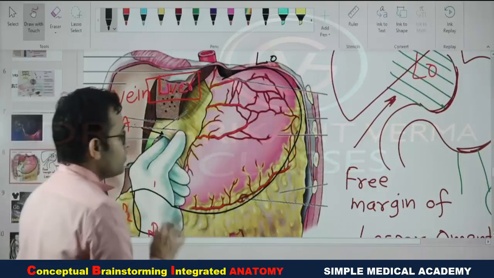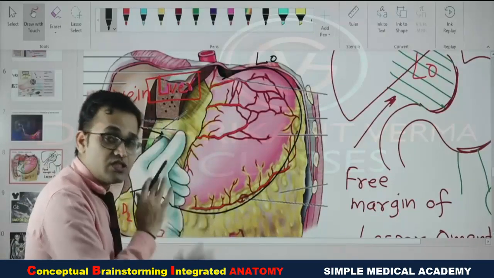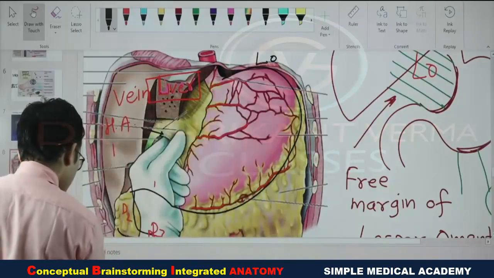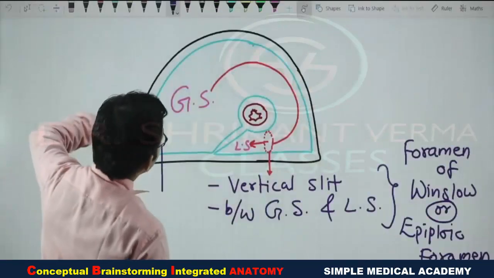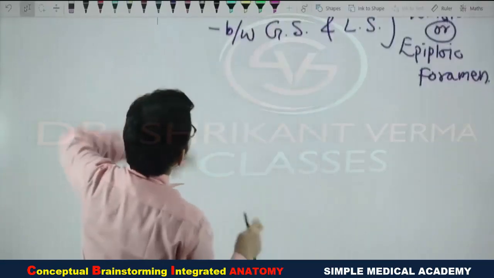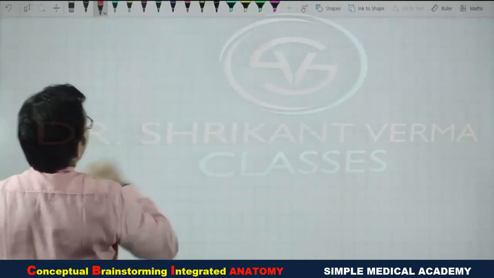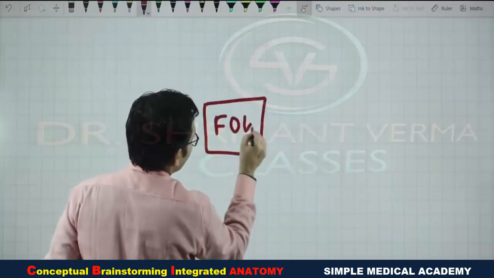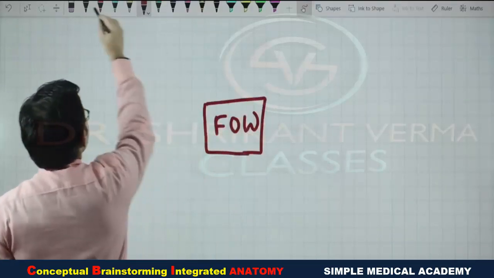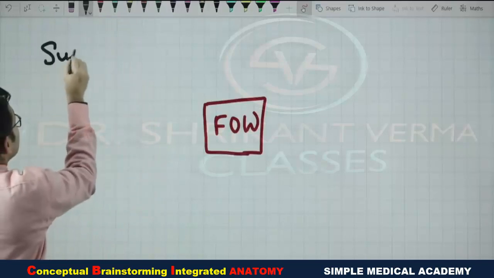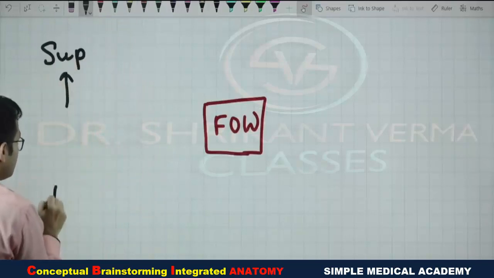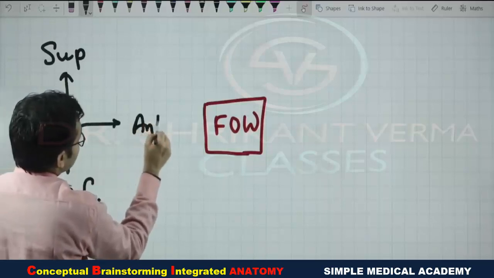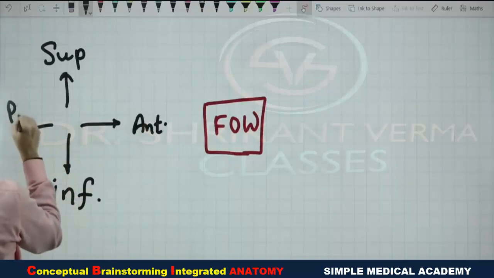Okay, so now after this clinical correlation with the surgery, the Pringle maneuver, we come to understand the diagram of the boundaries of the epiploic foramen. You can draw a simple image. Suppose this is the foramen of Winslow, this is the superior, this is the inferior, here is the anterior and here is the posterior direction.